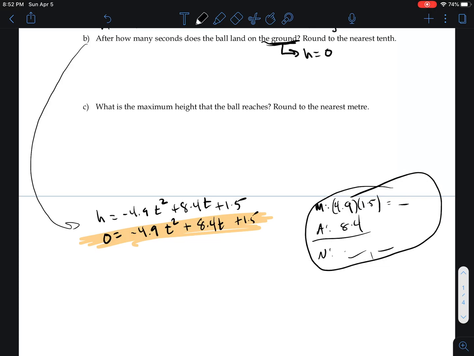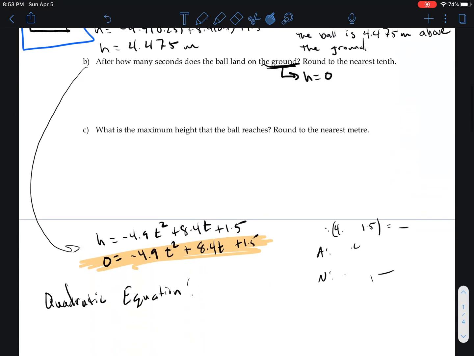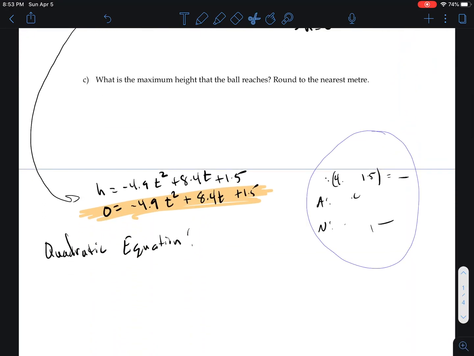And so because of that, you are forced to use the quadratic equation, right? You're just stuck using it because you can't factor it. So with that being said, let's do the quadratic equation.